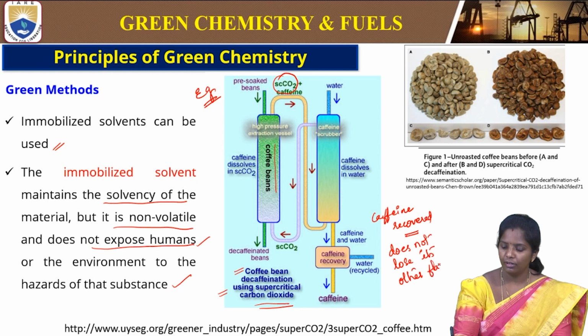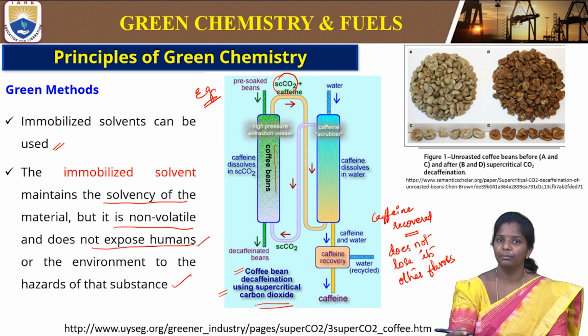In coffee beans we have different flavors, other ingredients that impart a good flavor. So during decaffeination, the process should not lose the other flavors. That is the main aim.